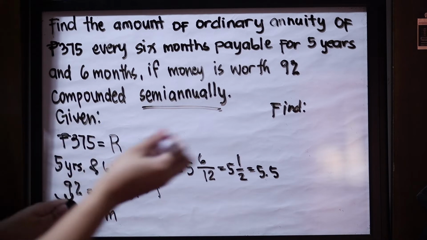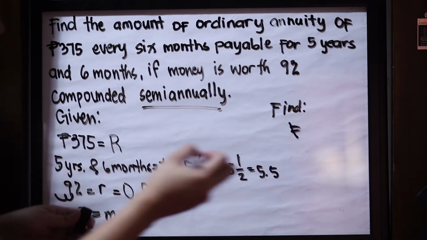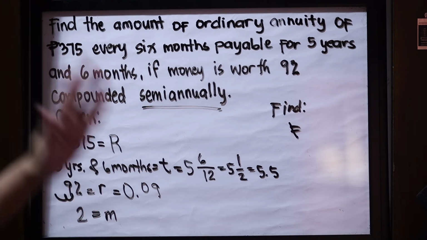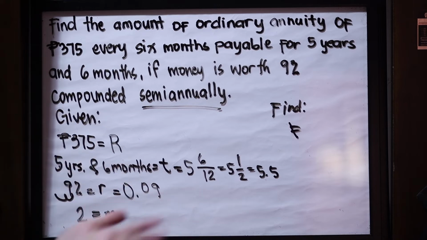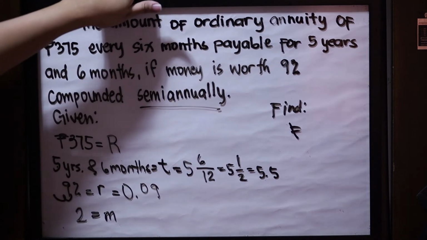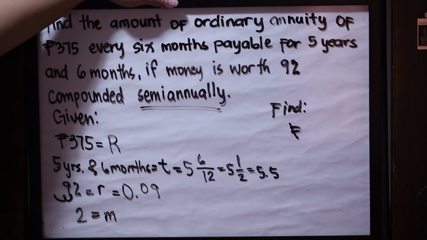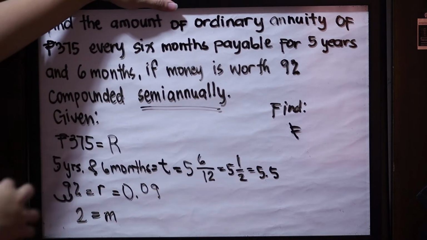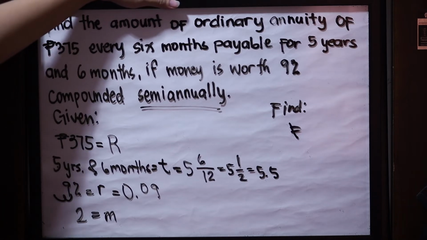So, dahil nalagyan na siya ng interest, ang hinahanap natin is the future amount. So, ganun. Pagka tinatanong is yung amount ng ordinary annuity, ibig sabihin ay future amount po iyon. And then, we already have the given values. We already know what are we going to look for. And then, pwede na tayong mag-proceed with the solution.